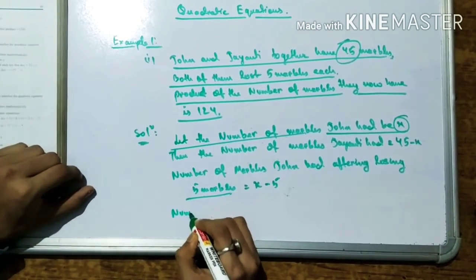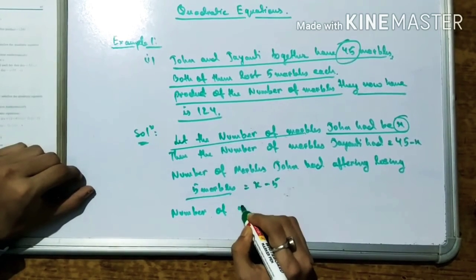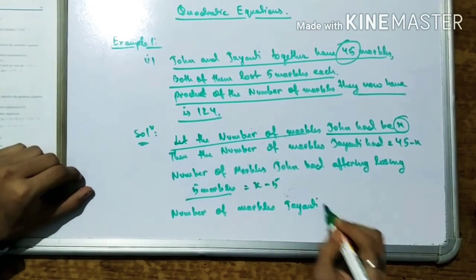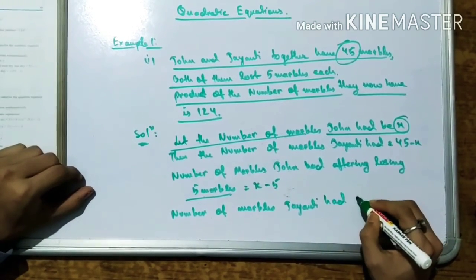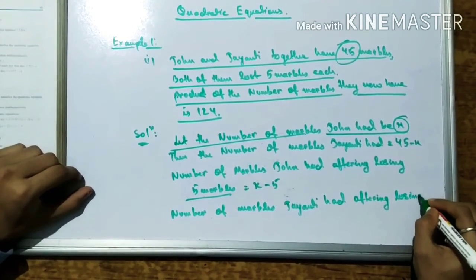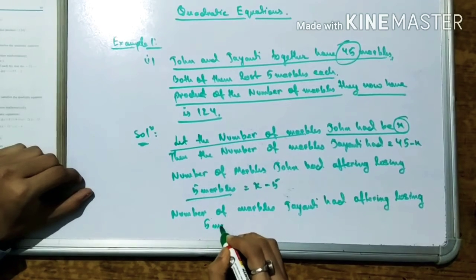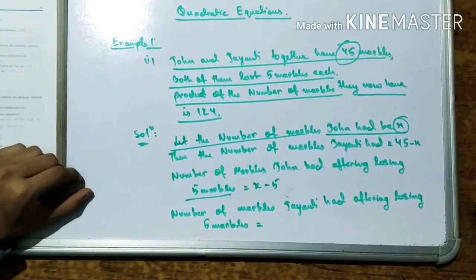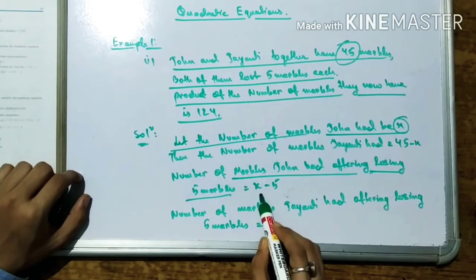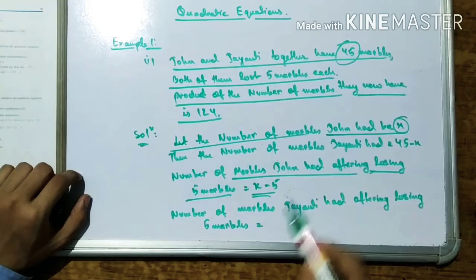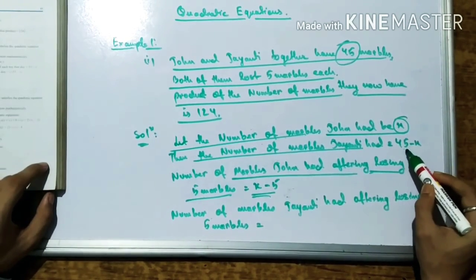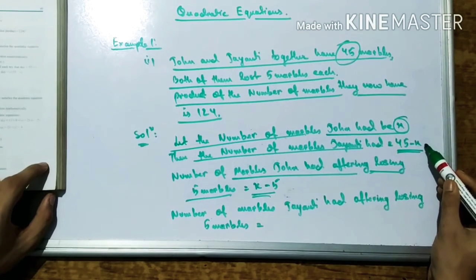And next, number of marbles Jayanti had after losing 5 marbles, it will be equals to... you see, number of marbles John had after losing 5 marbles is x minus 5, and number of marbles Jayanti had originally was 45 minus x.